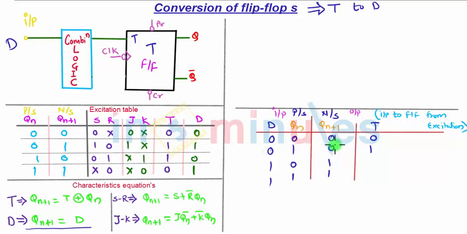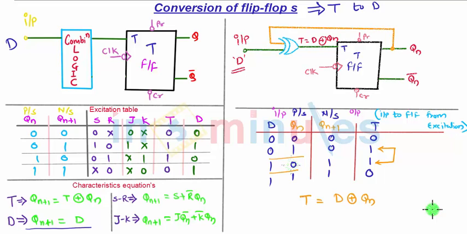For 0 1 I have 1, and for the last input combination, present state 1, next state 1, I have 0. So it is clear that if you observe these two entries, T is equal to D XOR Qn, because for this section it is D bar Qn, and for this one it is D Qn bar, that is nothing but D XOR Qn.